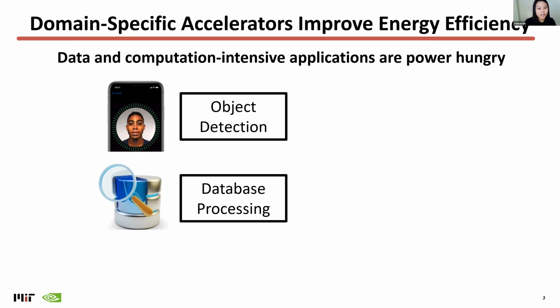So as we all know, data and computation intensive applications have become very popular in recent years. And due to their nature, processing such applications on general purpose processors such as CPUs and GPUs is extremely energy consuming. So to solve this problem, hardware designers have been focusing on evaluating or designing various accelerator designs.